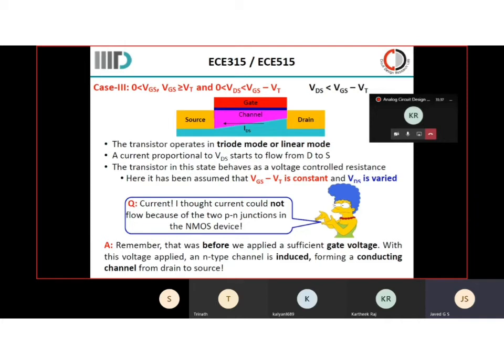Typically the transistor is biased in this operation mode, where you have a linear operation and a direct correlation between the amount of voltage applied and the amount of current induced in the channel. So this is the technique that people started using, replacing a fixed resistor with a transistor.